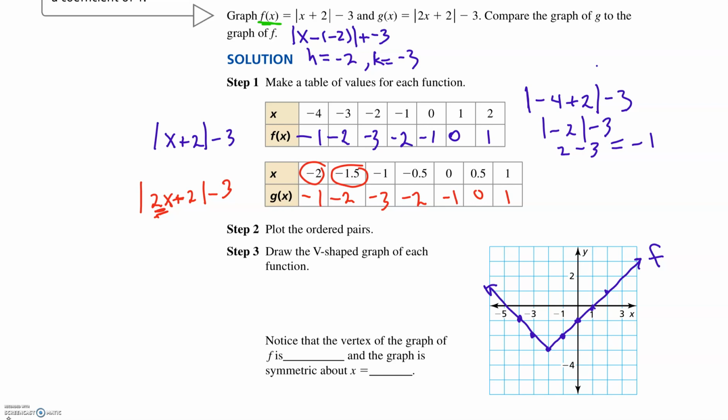If we plot all those points, we have (-2, -1), (-1.5, -2), (-1, -3), (-0.5, -2), (0, -1), (0.5, 0), (1, 1). We graph that V shape.